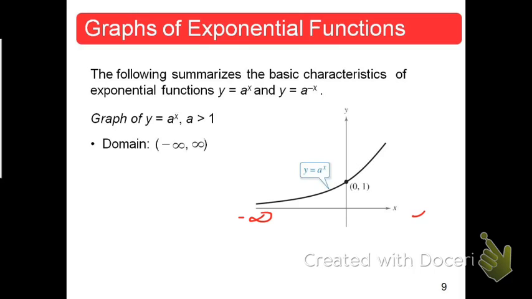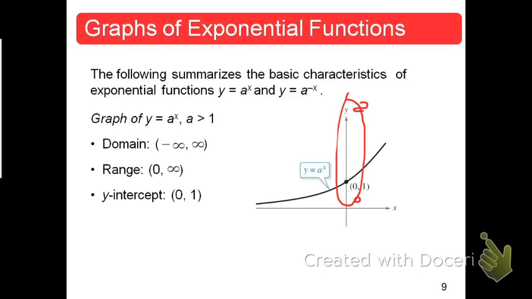Because I can put in any value of x and get a value for y. But the range is only from 0 to infinity, because these are the y values that I will actually have.